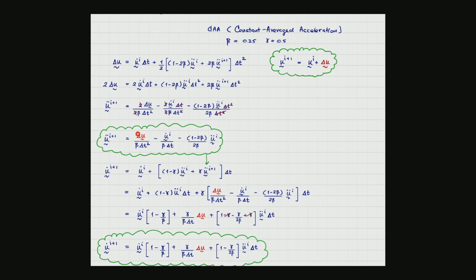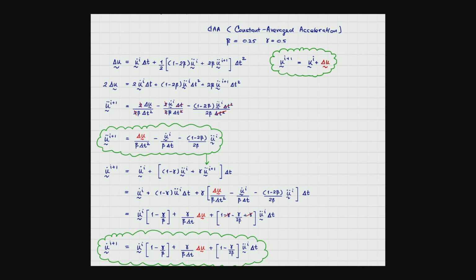We do not want other unknowns but delta u. And then you have the information at step i, the previous step, which is a known value, so you are happy with it. This is also a known value, so u double dot at step i is another known value.